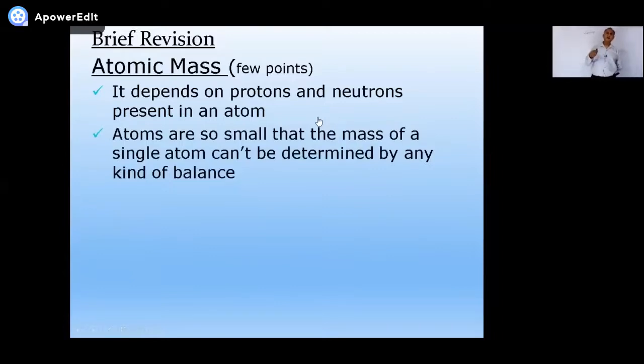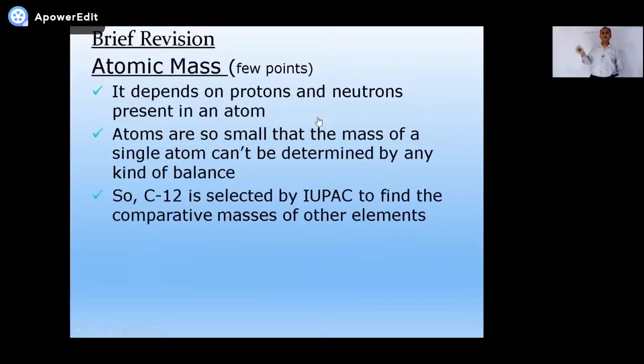This was all that mass is the sum of protons and neutrons. The second point is one single atom is so small that we can't find its mass by ordinary method. That is why scientists chose carbon 12 to find out the masses of the other atoms, right? They divided all the mass of carbon into 12 parts.